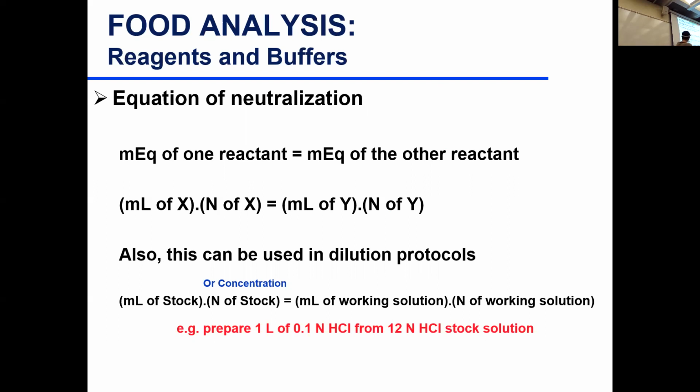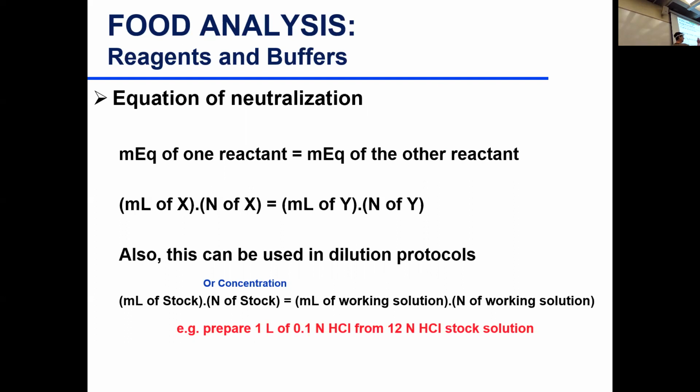So milliequivalent is defined as milliliters of your solution times its normality, because it's milliequivalent, so it will be in milliliters, equal to milliequivalents of your other reactant times the normality of that reactant.